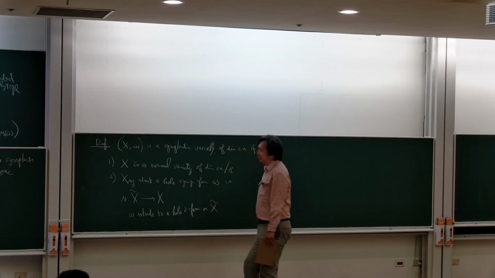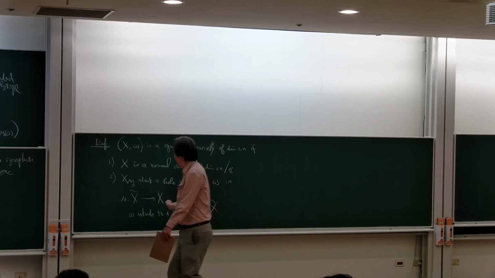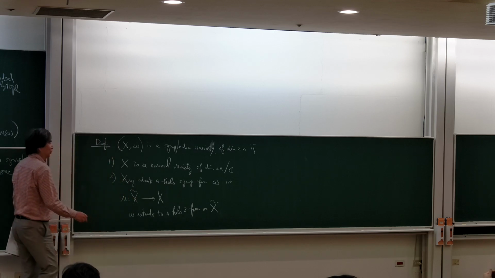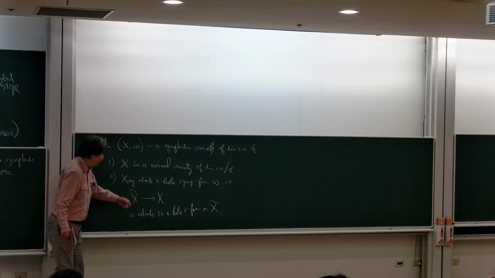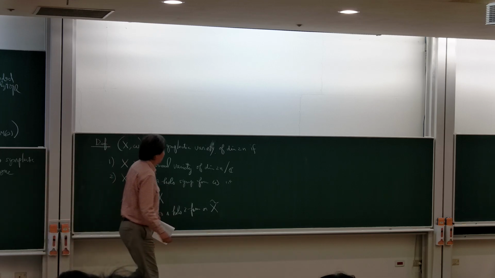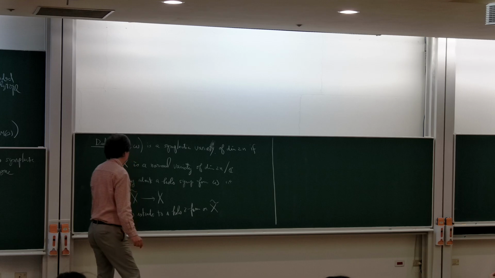Here, X tilde is a resolution. If you have such a property for one resolution, then every resolution has this property. And this is the definition of a symplectic variety.